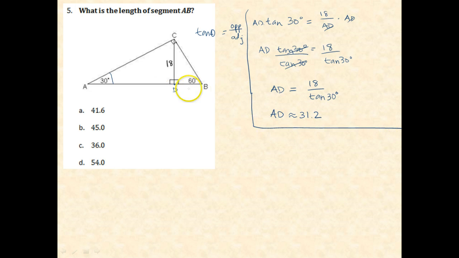Now I need to find the length of DB. And I'm going to use this angle. Opposite is 18, adjacent is DB. So I'm going to use tangent again. Tangent of 60 degrees is the opposite side, 18, over the adjacent side, which is DB. Then I'm going to follow the same thing I did up here. Multiply both sides by DB.